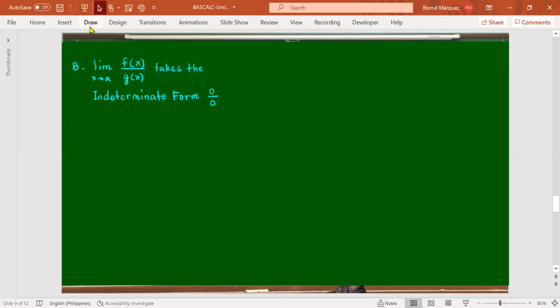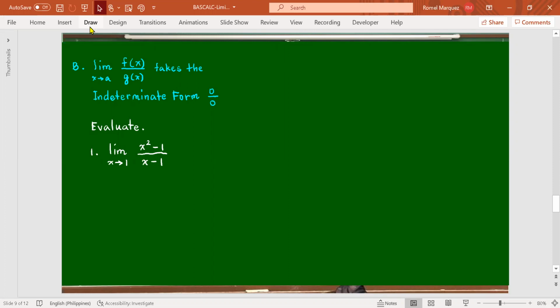Okay? So, number 1, let's say we're asked to evaluate this limit as x approaches 1 of x squared minus 1 all over x minus 1.